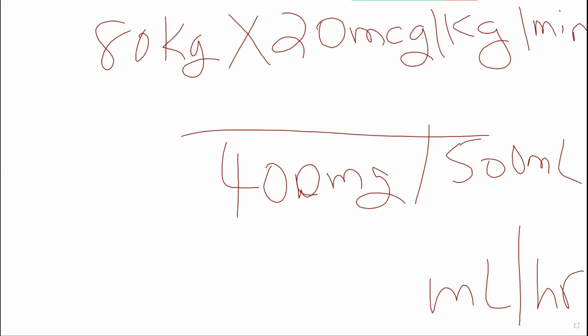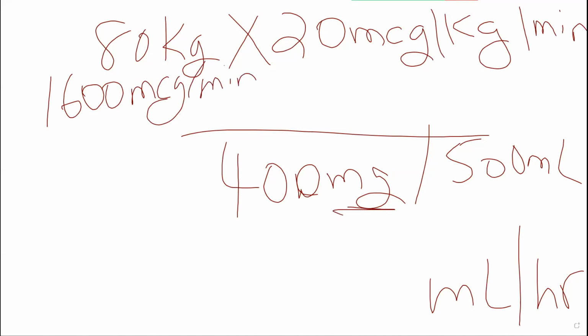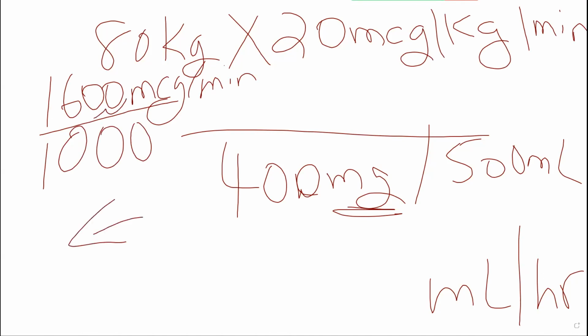Okay, so 80 times 20 is going to be our first calculation. And that tells me that I have 1,600 micrograms per minute. All right, I want to go to milligrams. So I'm going to go ahead and divide this by 1,000. I'm going to the left. All right, or I can do 1, 2, 3. So that should have given me 1.6 milligrams.